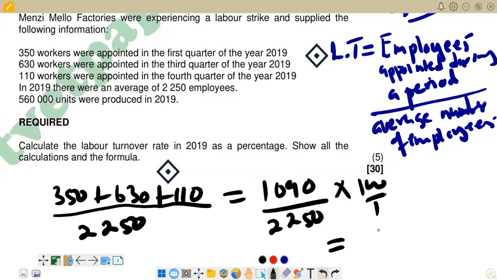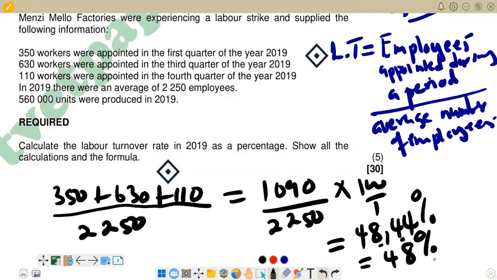It becomes 48.44%. But obviously, we will round it off to the nearest whole number. Here we have got 4, so it's not going to change the 8, so it becomes 48%. So that's the percentage that we had for labor turnover rate in 2019.